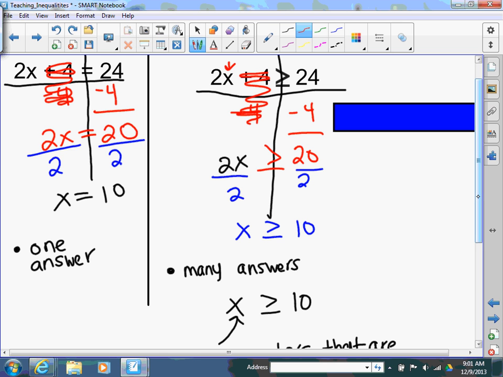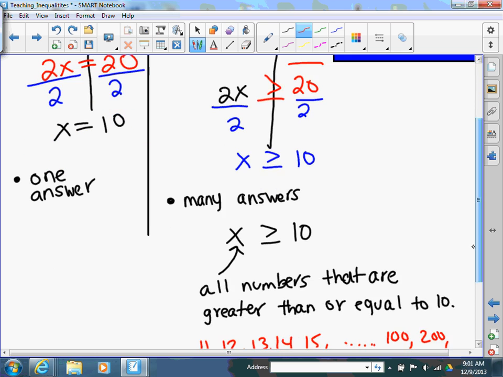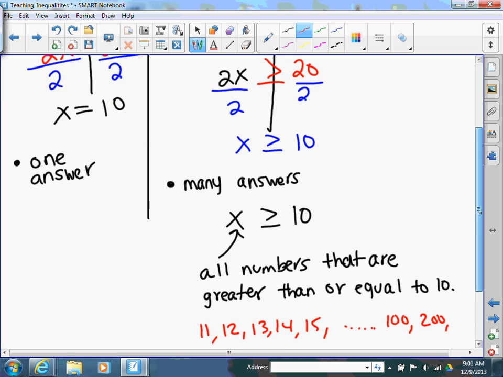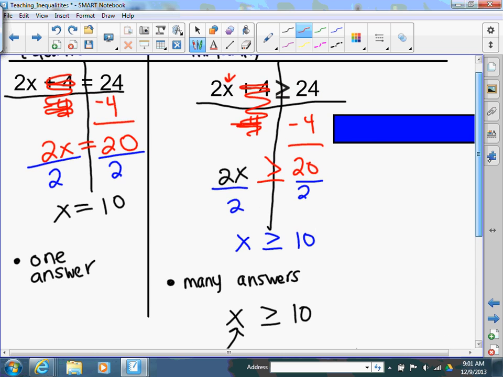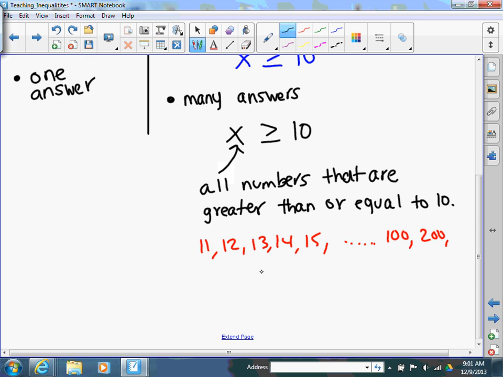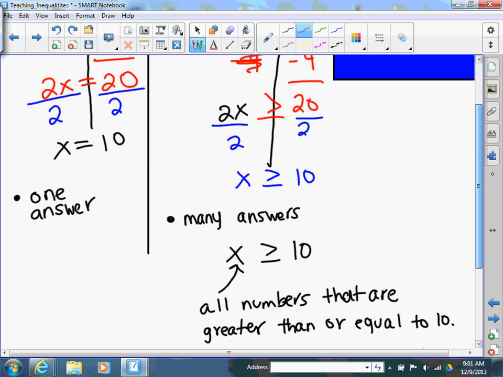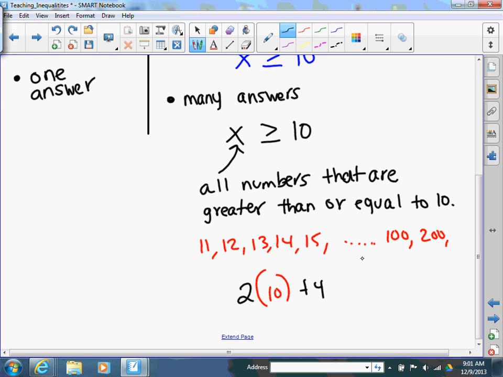So let's choose one. Let's choose 10. I'm going to put 10 in place of x. It was 2x plus 4 is greater than or equal to 24. So 2, and we're going to choose 10 in place of x, plus 4 is greater than or equal to 24.